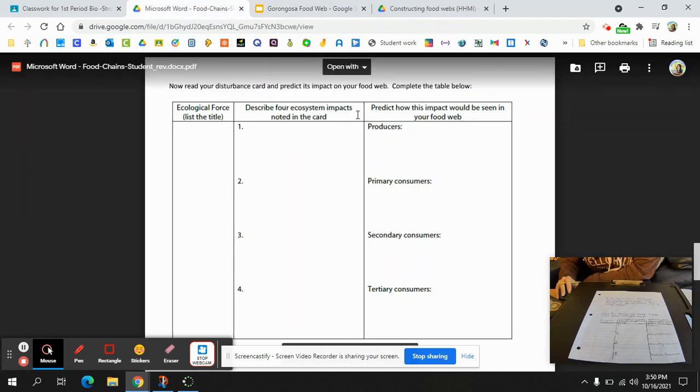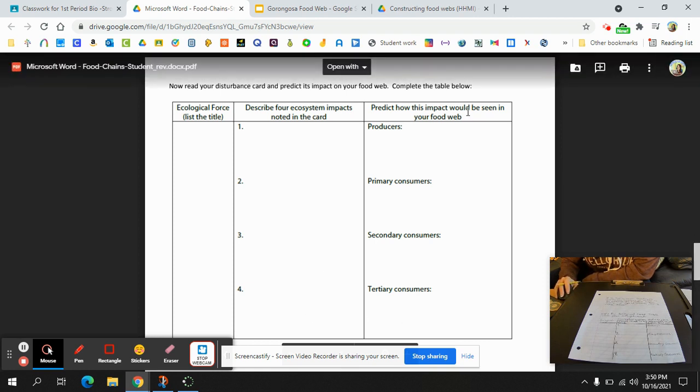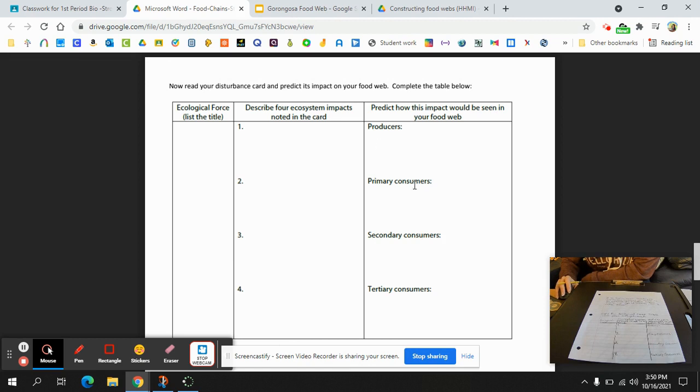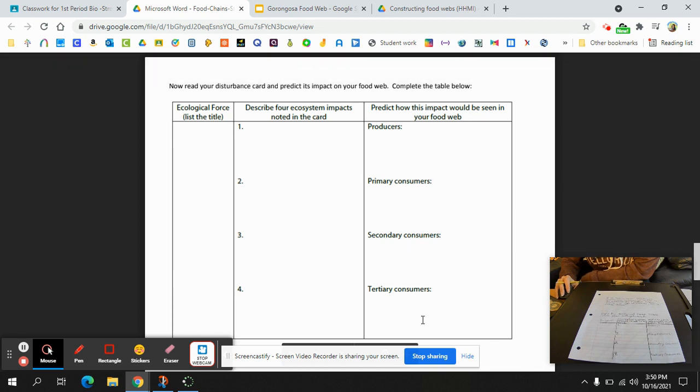You will describe 4 ecosystem impacts that the card provides for you, and you will predict how this impact could be seen in your food web. For example, how might it affect the producers, or how might it affect the tertiary consumers?